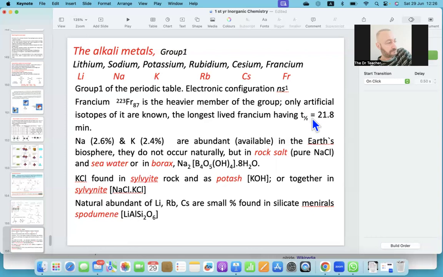So it will stay stable for 21 minutes, 8 seconds. After that, it will lose electrons or react with anything in the air.